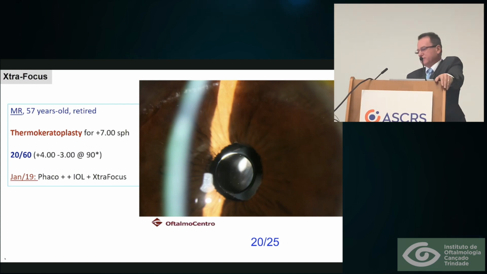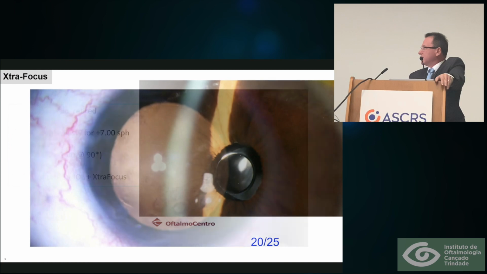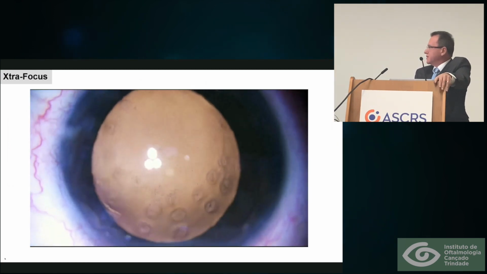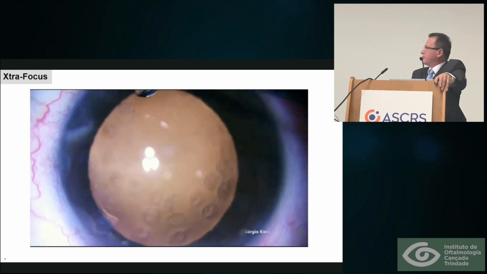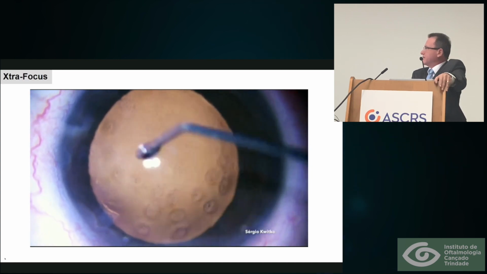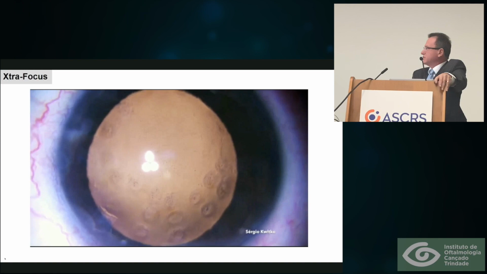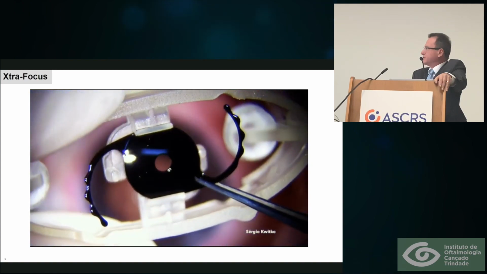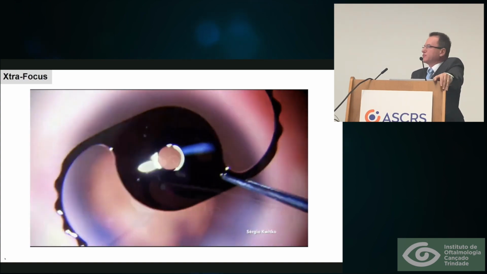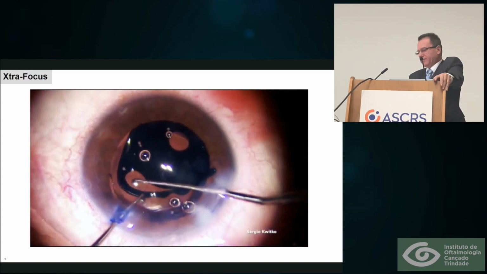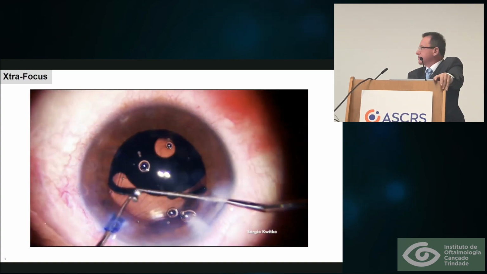She improved from 20/60 to 20/25 VA, and this is the surgery. You can see the scars from the thermokeratoplasty performed in the past. This was also a cataract patient, so I performed cataract surgery, IOL implantation, and the extra focus primarily right after implanting the first IOL.